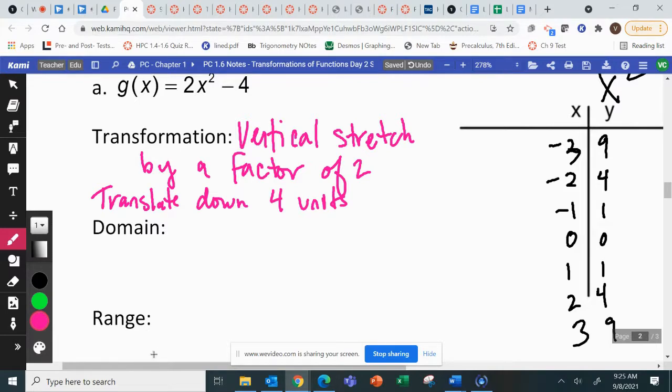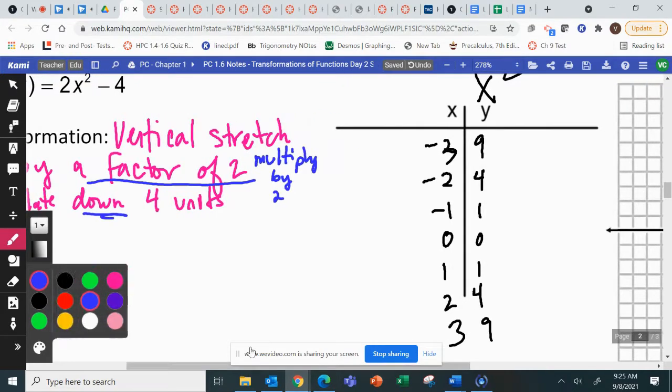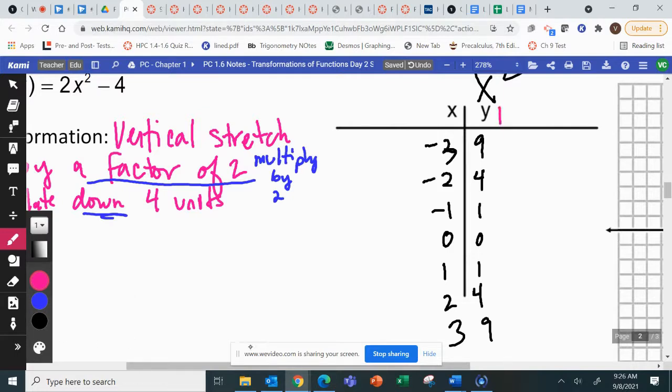By the way, when it says by a factor of 2, that means multiply by 2. So we are multiplying by 2, and then we're also subtracting 4. What has to come first by order of operations? Multiply or subtraction? Multiply comes first. So in my table, they're both vertical. So I'm going to multiply first by 2. Then I will subtract 4.